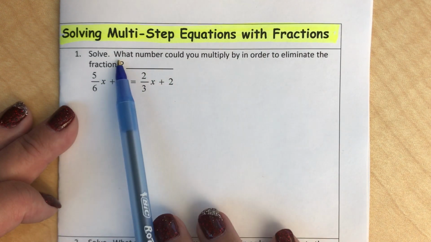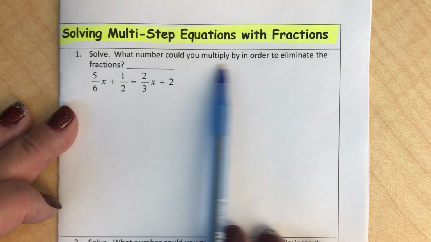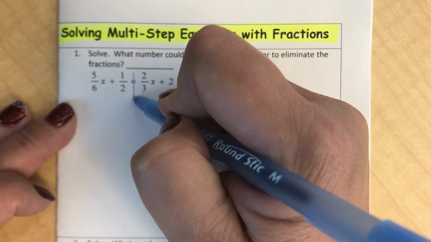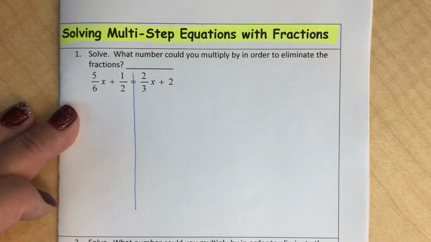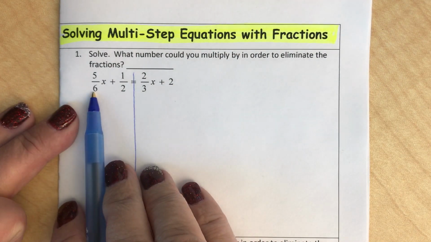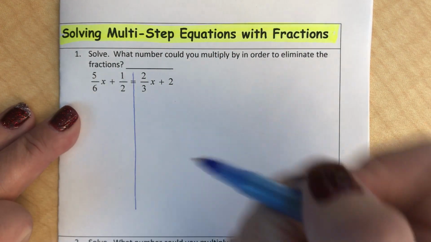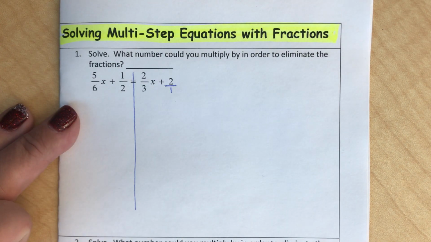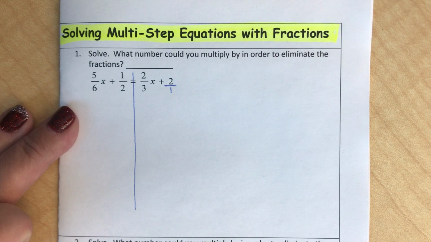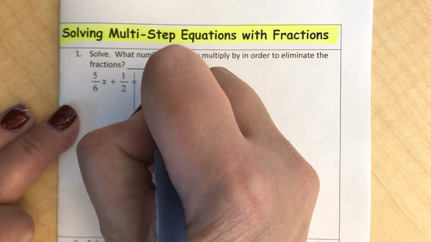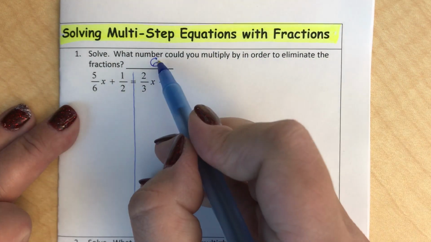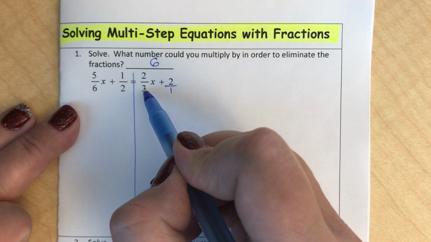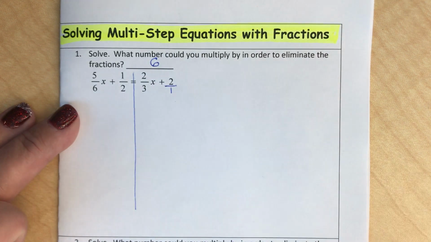How? We can multiply by a number in order to eliminate the fraction, and that number is the common denominator for all the fractions that I have. So I have 6, 2, 3, and here I would add a denominator, so all the fractions have one, and the common denominator will be 6. 6 can be divided by 6, 6 can be divided by 2, 6 can be divided by 3, and 6 can be divided by 1.